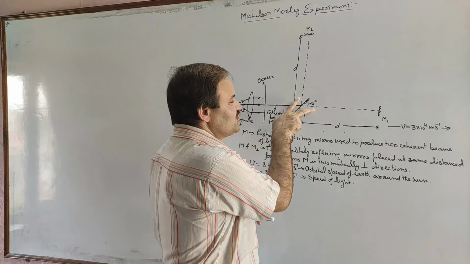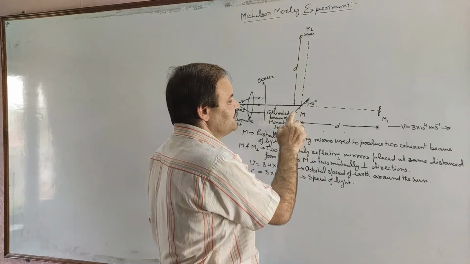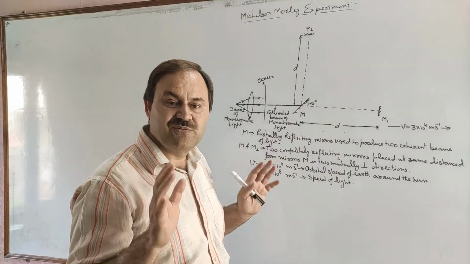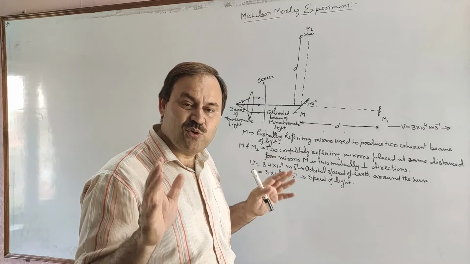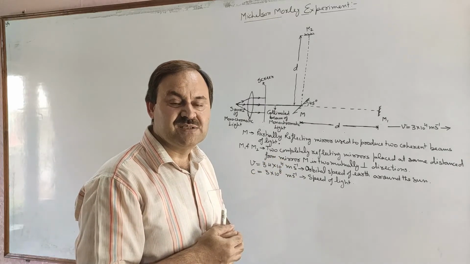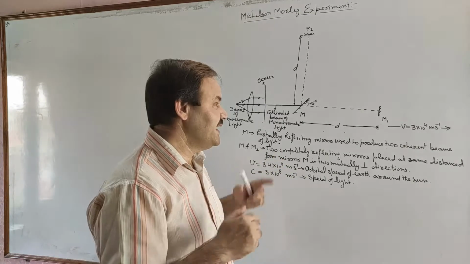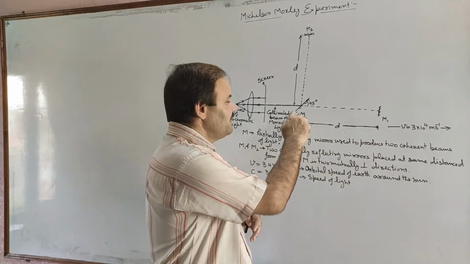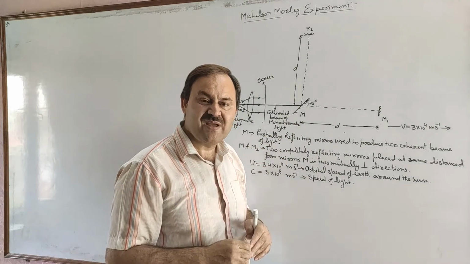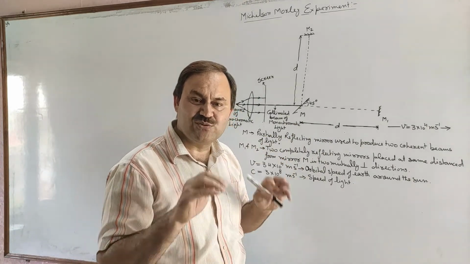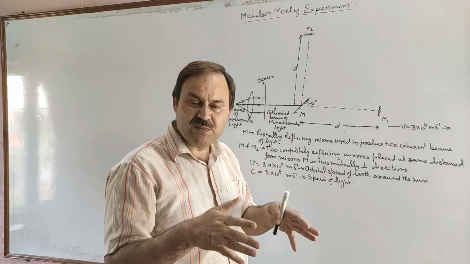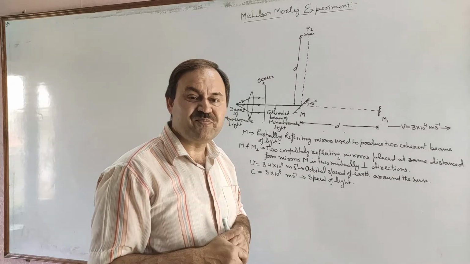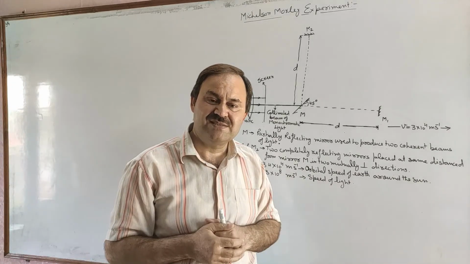These two beams of light, one reflected by M, another refracted through M, will form two coherent beams of light. These two beams later on, after reflections from M1 and M2, will come back to M, and after reflection and refraction through M, they will superpose in the field of view of a microscope, forming the interference fringes.